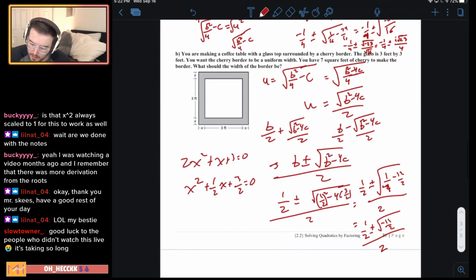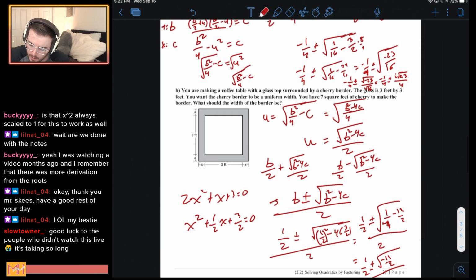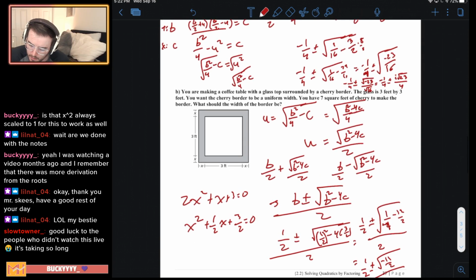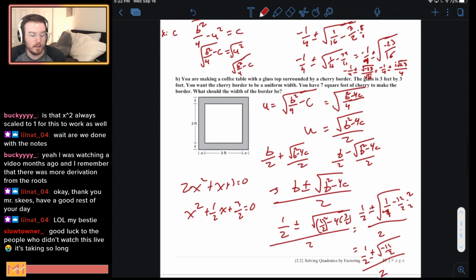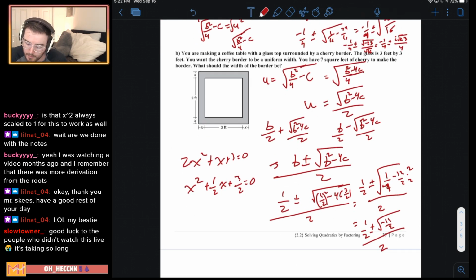So then I need to get a common denominator. Do you see what's happening? I'm going to have 1 minus 24.